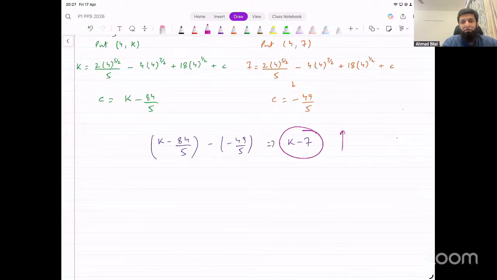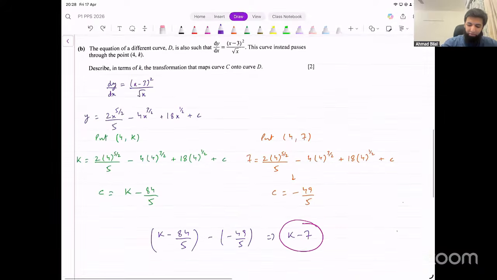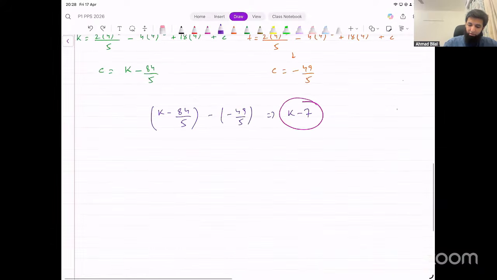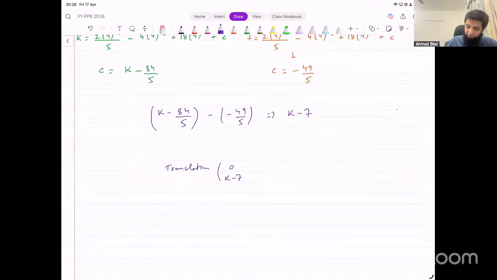That's the difference between the constants. Whatever was the curve before, now it is k minus 7 units above. So it's going to be a translation (0, k minus 7). Writing down this vector is important.